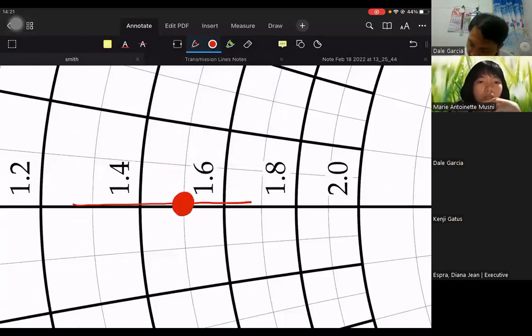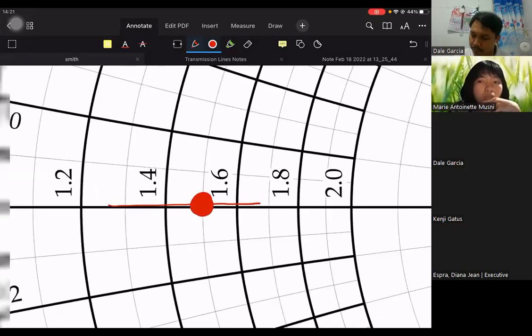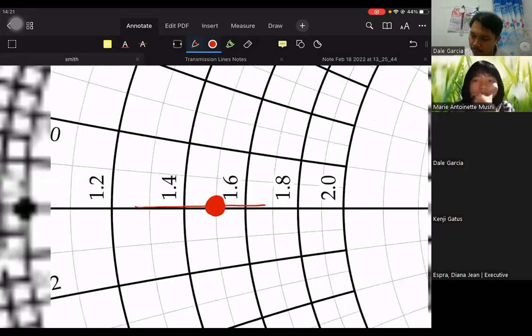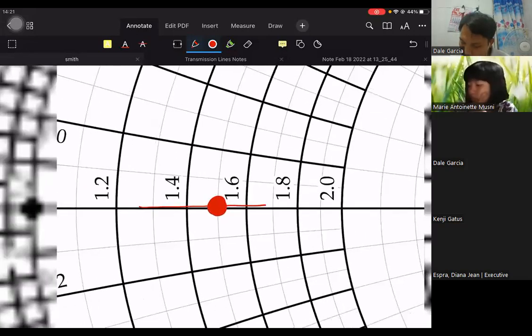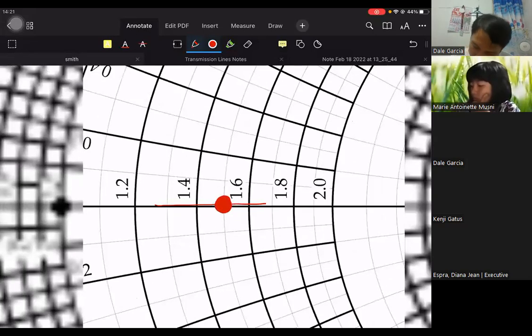Diba? Si 1.5. Okay? So actually, okay, mao na ang impedance circle. Okay.